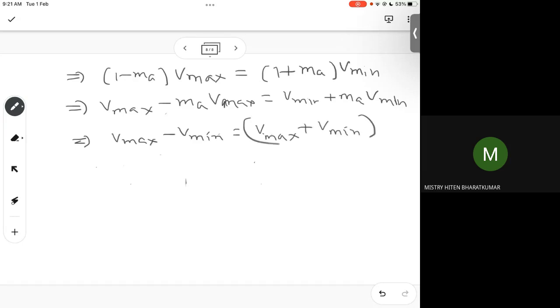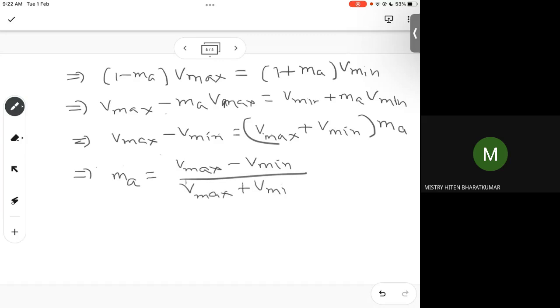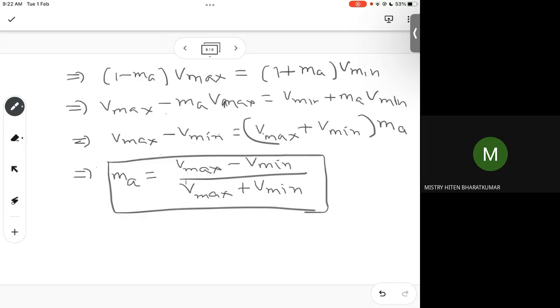I brought the Ma terms to one side, which gives me my modulation index as V maximum minus V minimum over V maximum plus V minimum. That is how we normally measure the modulation index in the lab.